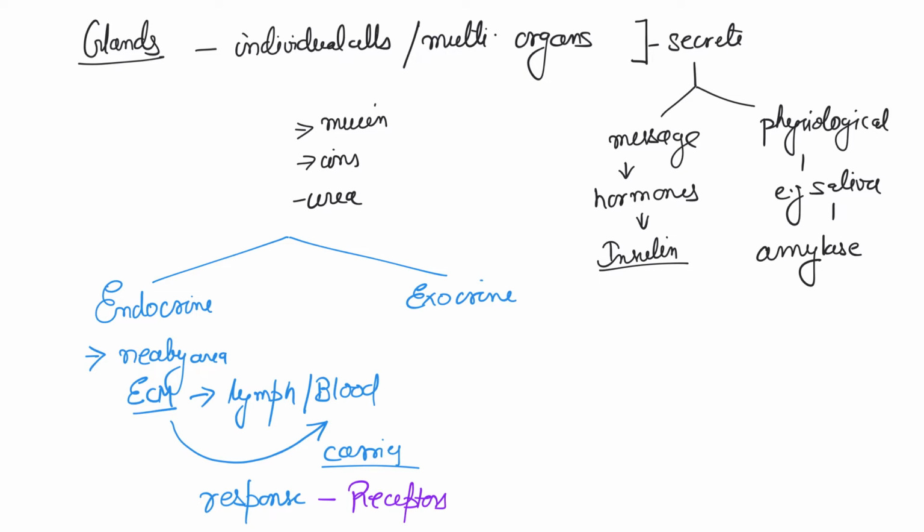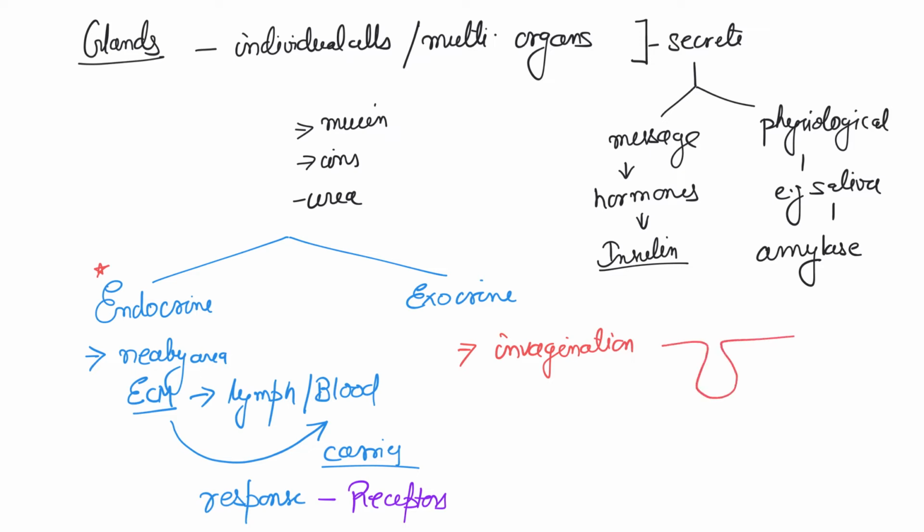Endocrine glands would be a part of control and coordination, and they would be dealt with in huge detail, but later on. Right now, we'll be focusing on exocrine glands. Now, exocrine glands are generally produced as a result of invagination. So, what is an invagination?